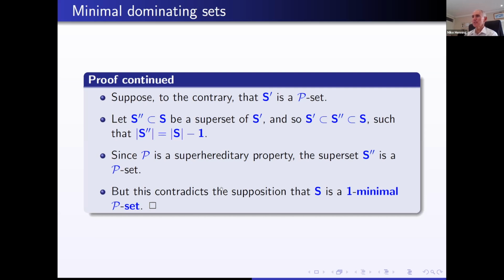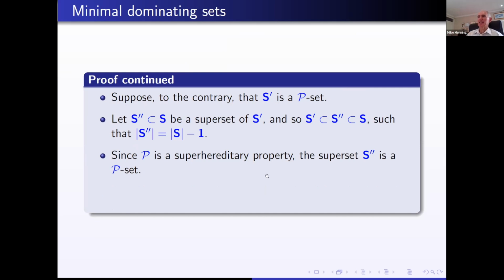So by supposition, S double prime is not a P set, but it is a P set. We get a contradiction.